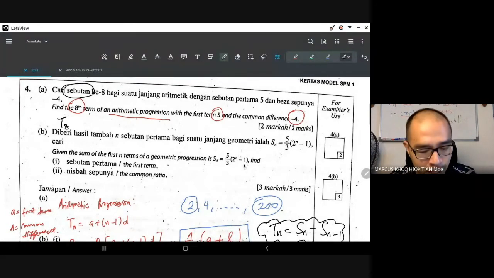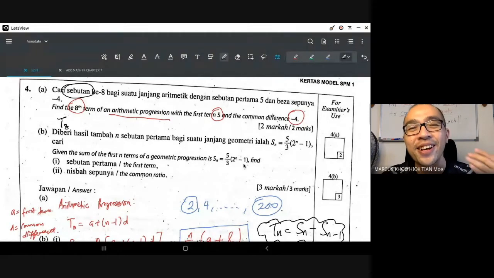Sebab kalau saya cakap cari nombor ke-8 bagi satu, macam sangat bahasa pasar, macam sangat kasar. So the mathematical term is cari sebutan ke-8. Find the 8th term, not find the 8th number. But we understand it as find the 8th number.